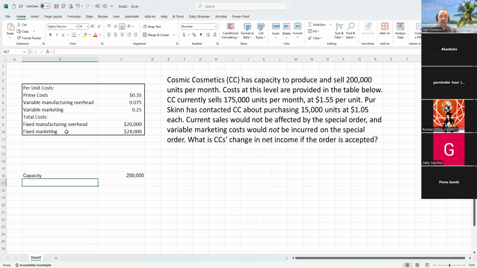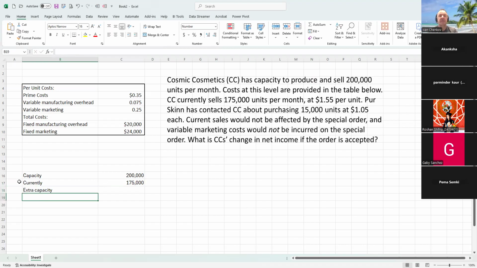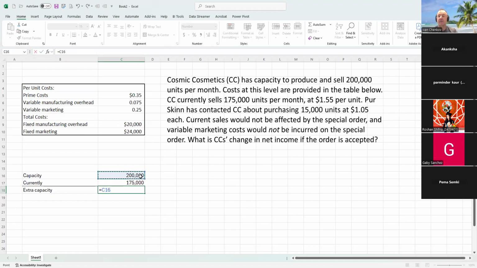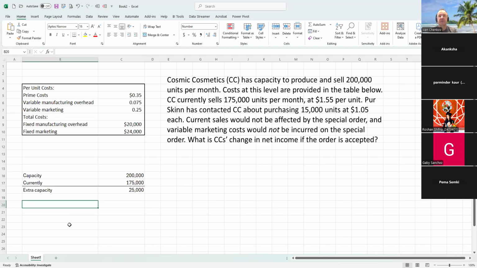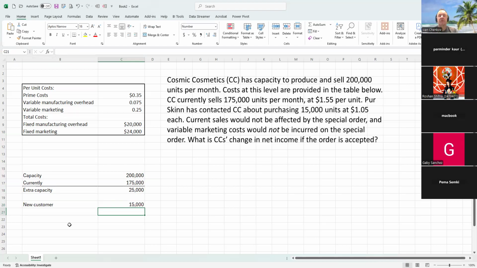Currently we are at 175,000. So do we have extra capacity? Yes, the capacity is not our problem. In fact, we have exactly 25,000 to produce. The customer comes and says, can you produce 15,000 for me? So that will be the new customer. He's asking for 15,000. Can we make it without changing our fixed cost? Yes.